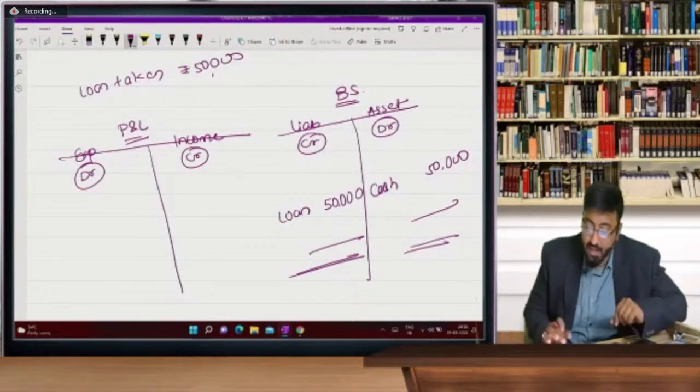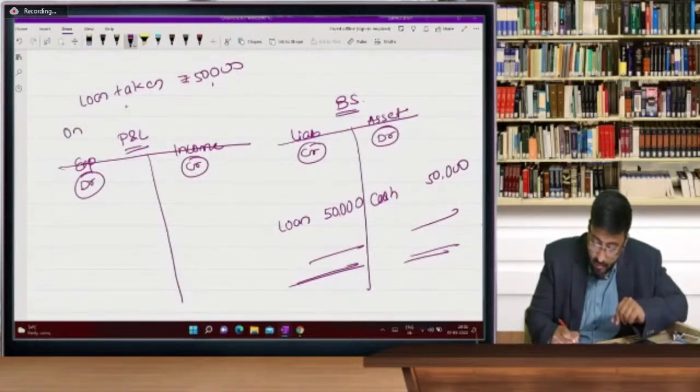And in same question, loan taken at the rate of 12%, 12% is the interest rate, on first day only.